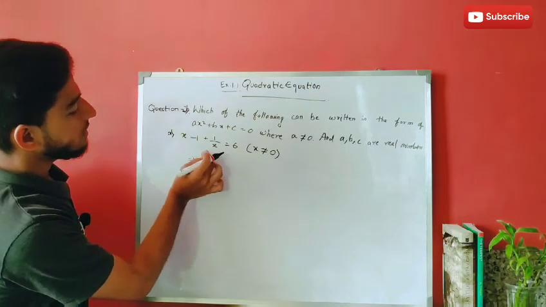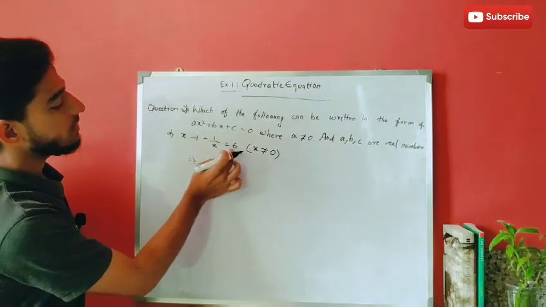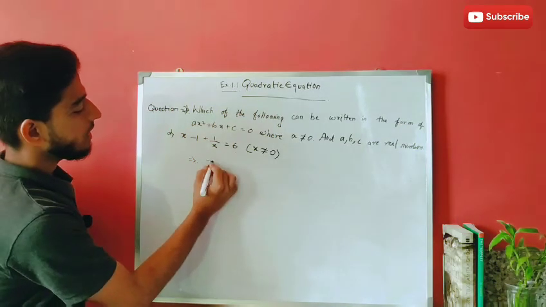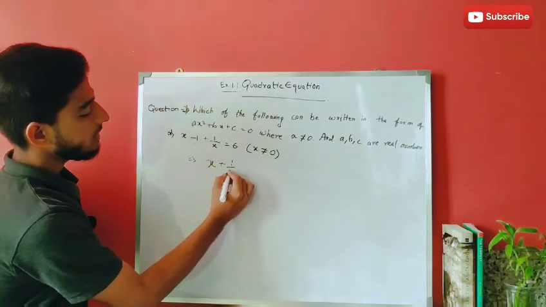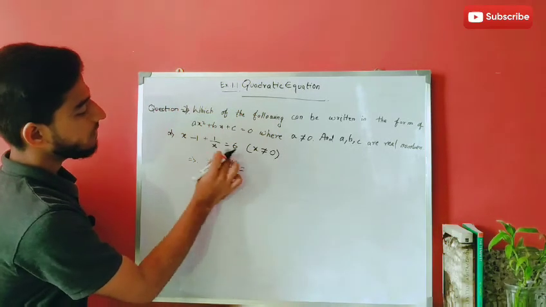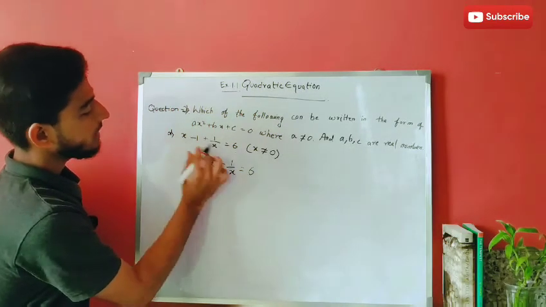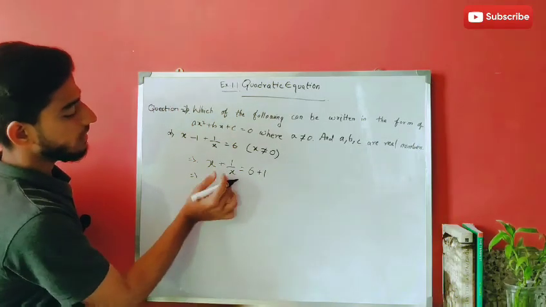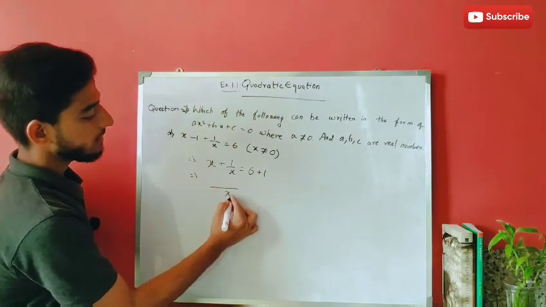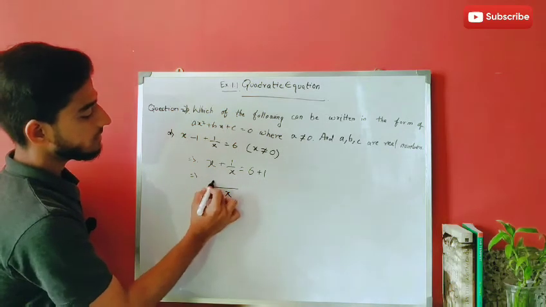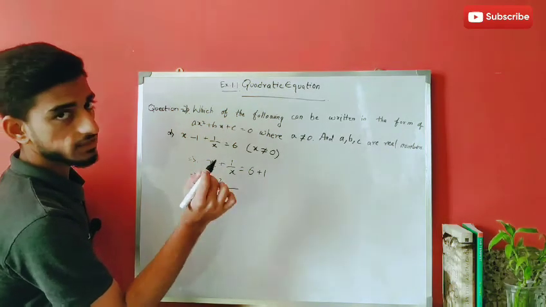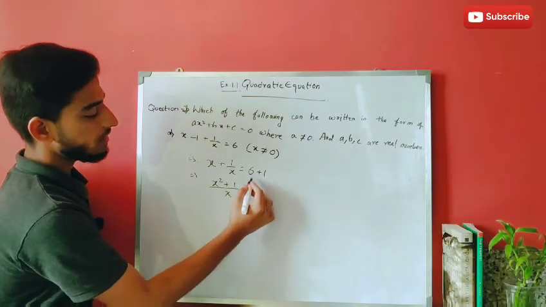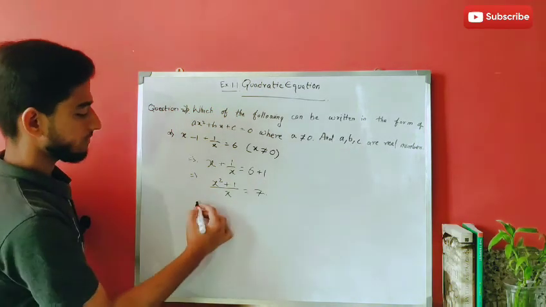x minus 1 plus 1 by x is equal to 6. So the numbers we can put together. x plus 1 by x is equal to 6 plus 1, because the minus 1 comes over here and becomes plus. Taking the LCM x, this x is multiplied with the other x, so it becomes x square plus 1 over x, equal to 7.